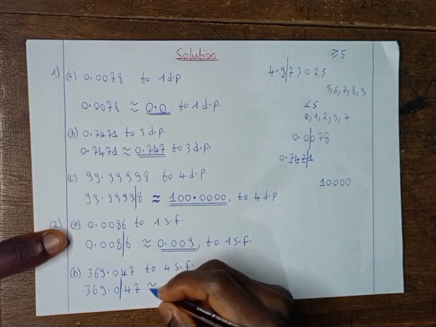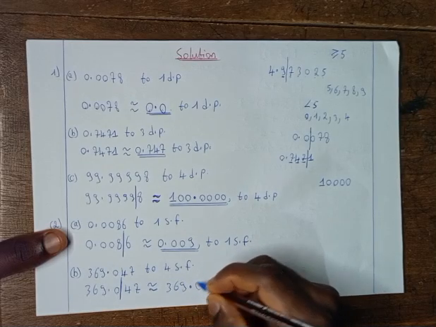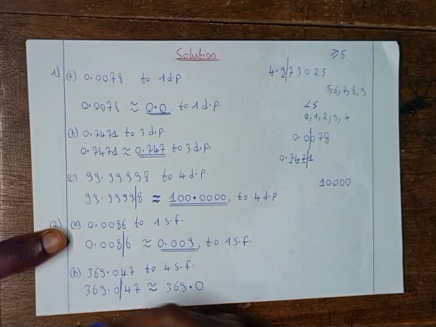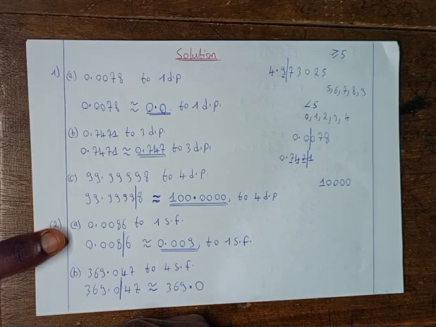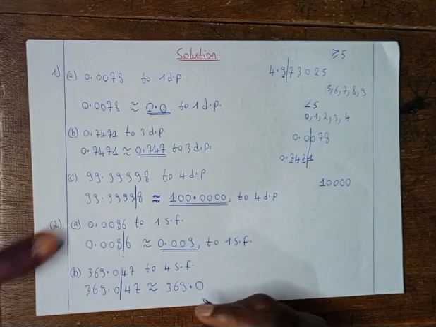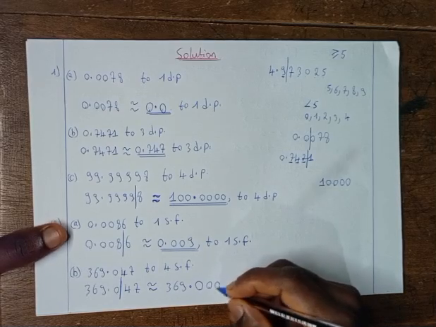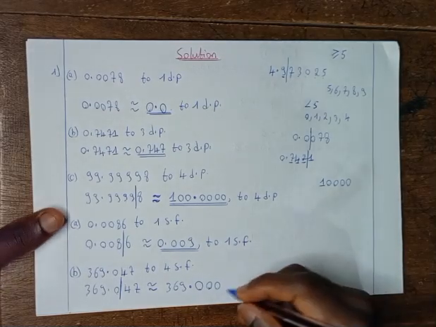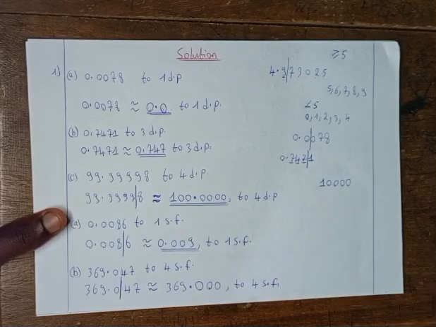So this will be approximately 369.0 to 4 significant figures. It remains unchanged. You can see this side, we can replace these other digits with zeros. There is no problem. You can put zeros here, these other digits, to 4 significant figures.